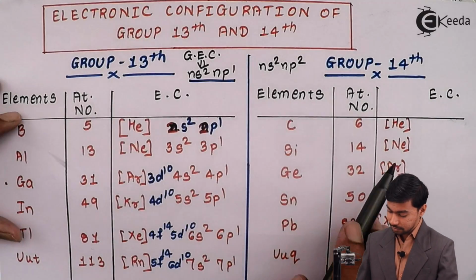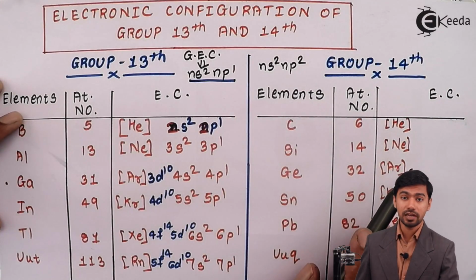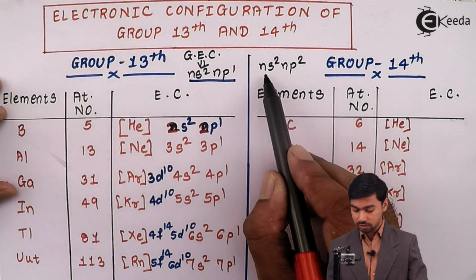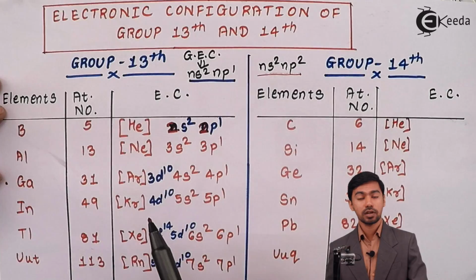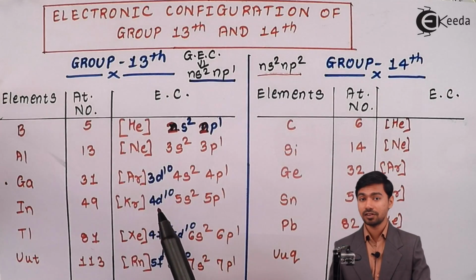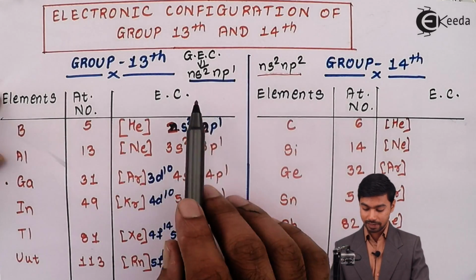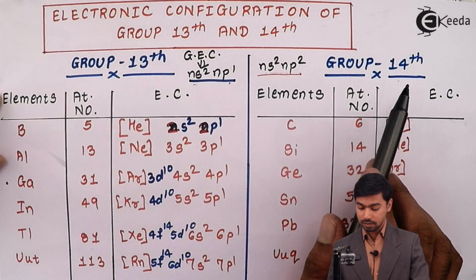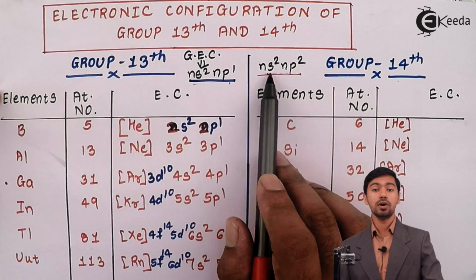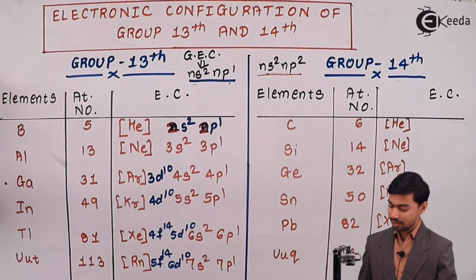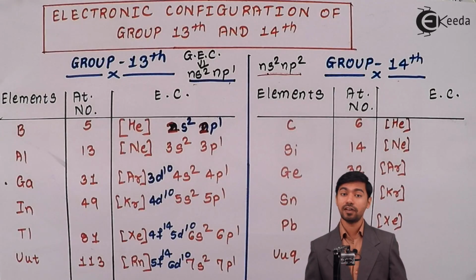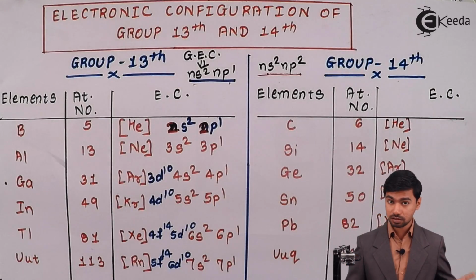So after this inert core, what are we supposed to include in the electronic configuration? We are supposed to include the general electronic configuration. What was it in group 13? It is ns2 np1. And for group 14, what is it? It is nothing but ns2 np2. So we just have to write ns2 np2 instead of ns2 np1 of group 13.